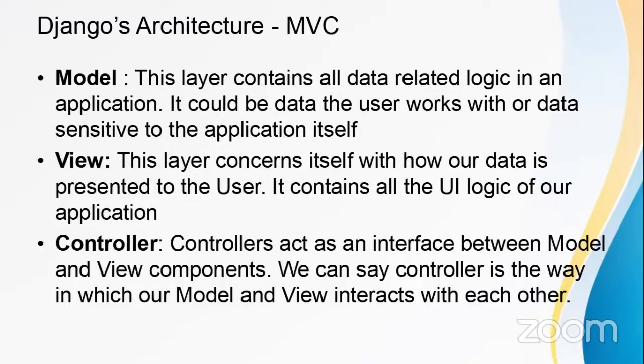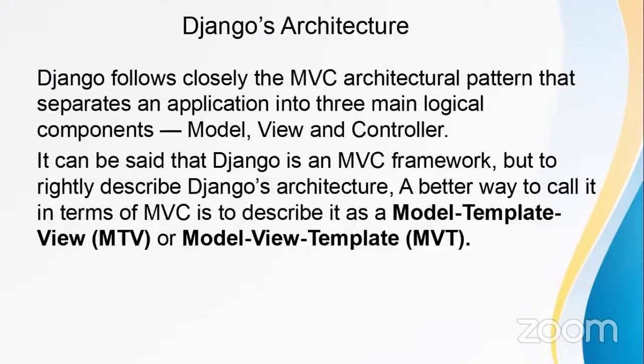Now, let's go back to Django's architecture. So the question comes up, is Django an MVC framework? Now, Django actually follows that architectural pattern. Yes. Django separates our application into three main logical components. So we have the model, the view, and the controller.